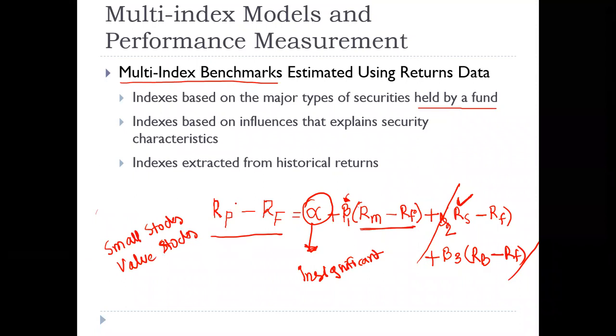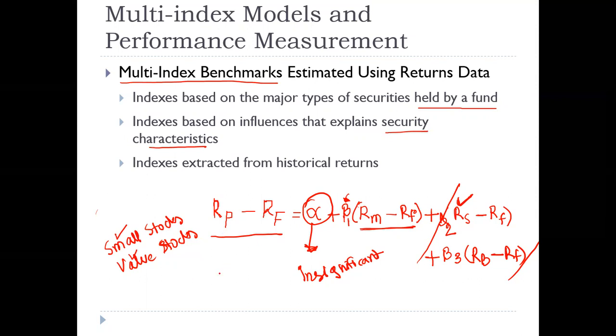Okay. So the thing is that small or value are kinds of characteristics of the stocks. If a stock is small, it is an attribute of that stock. So based on the attribute of the security, you are planning to include some index.